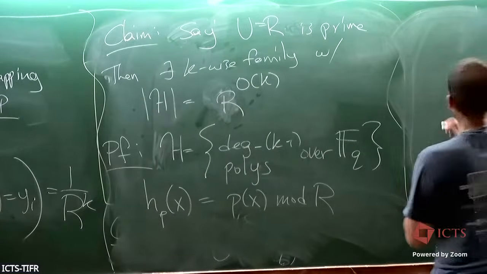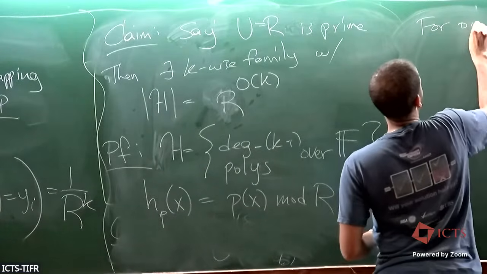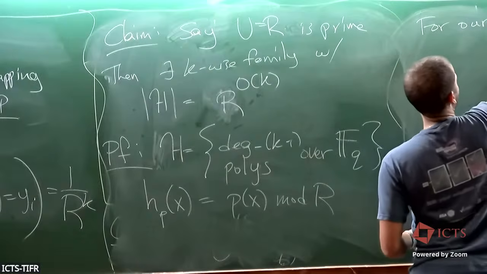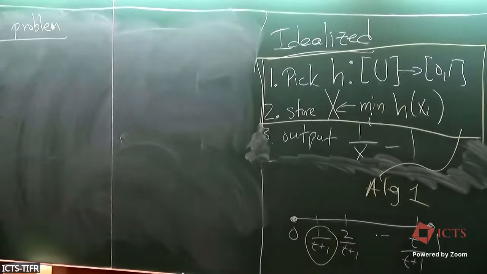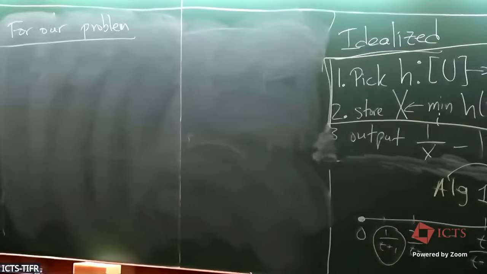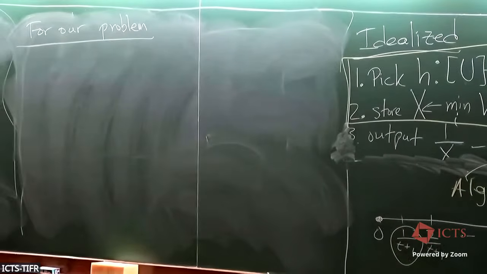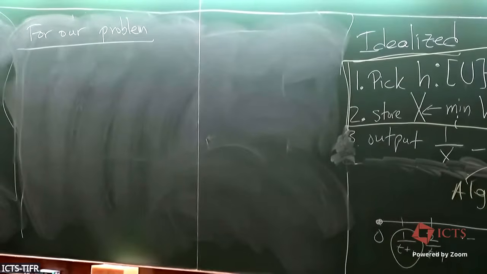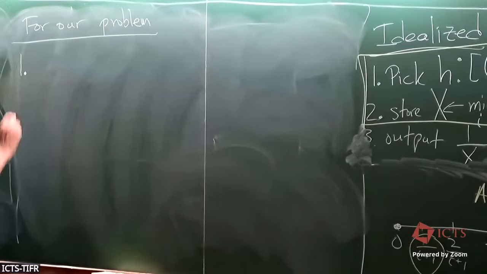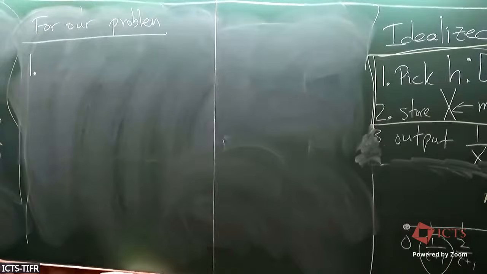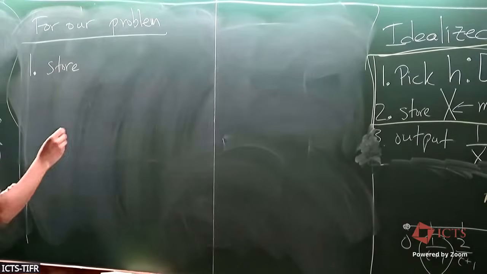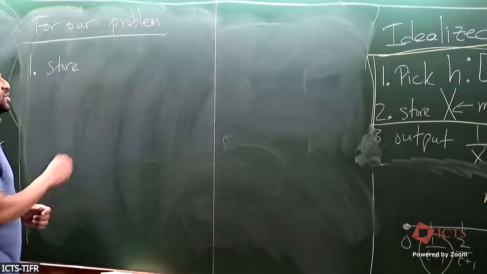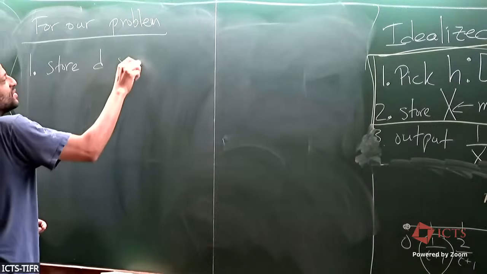For our problem, which was distinct counting, why is this useful? I'm going to have to change the algorithm to make this work, but it's going to be similar to our previous algorithm. Instead of just storing the smallest hash value, store, what's a good number, store the d smallest hash values.